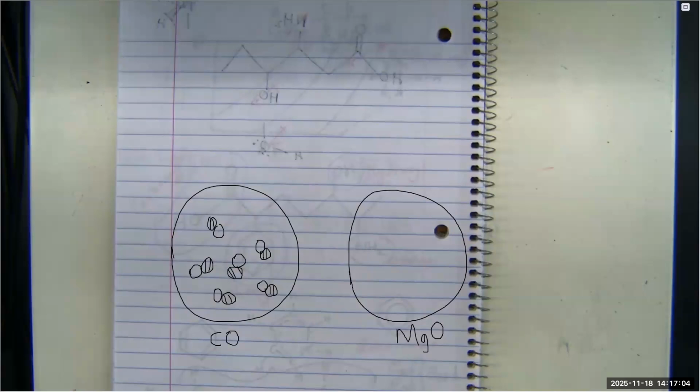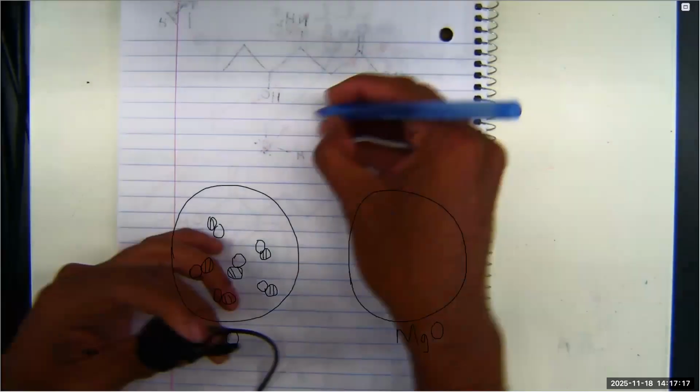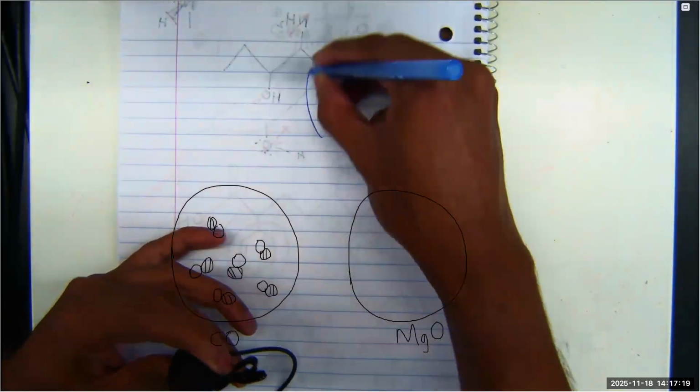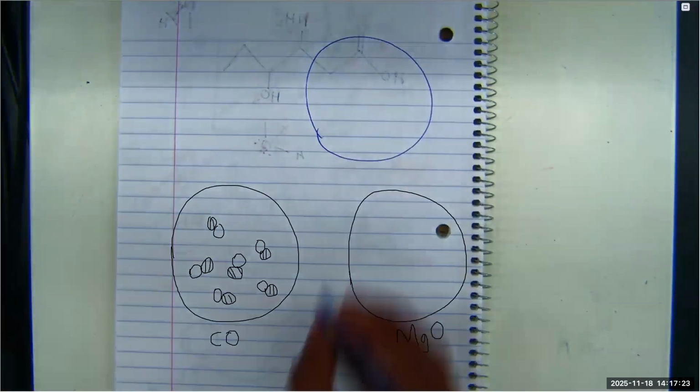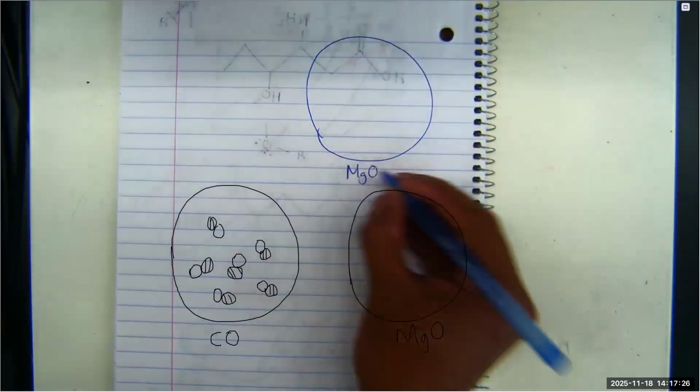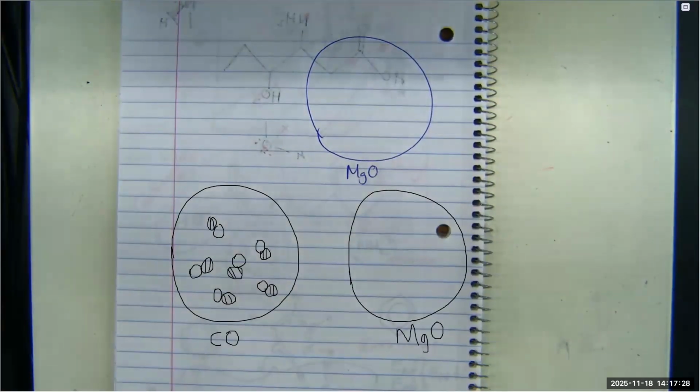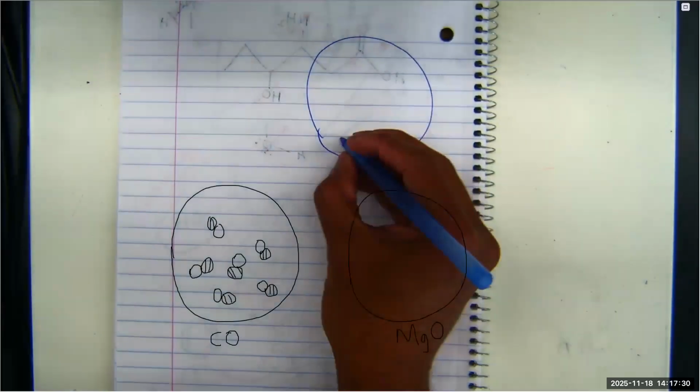Okay. So if I drew magnesium oxide, first of all, this is one of the main differences between molecular and ionic compounds. Ionic compounds look really different at a particulate level. When it comes to ionic compounds, we do not have molecules, right? Magnesium oxide has cations and anions.